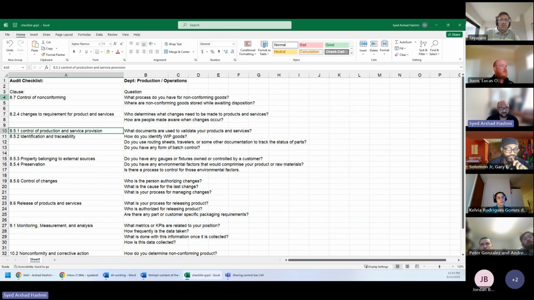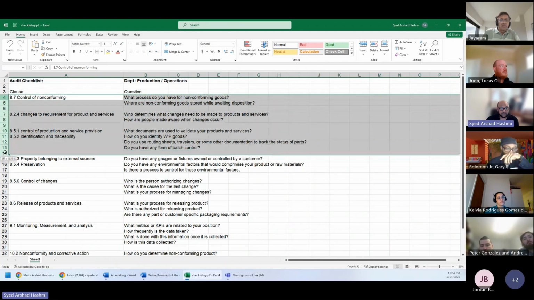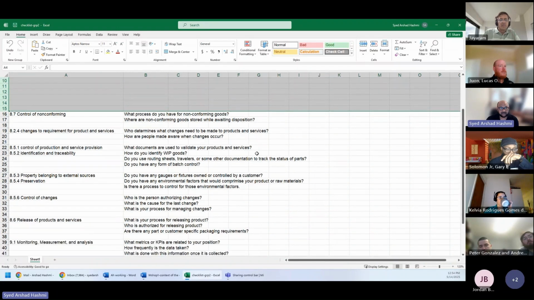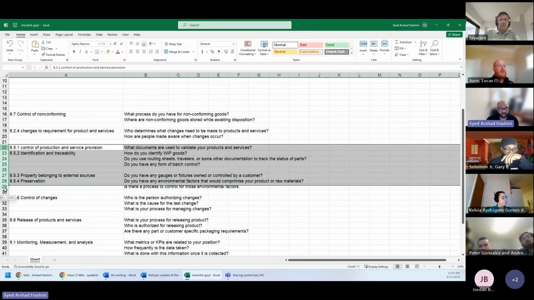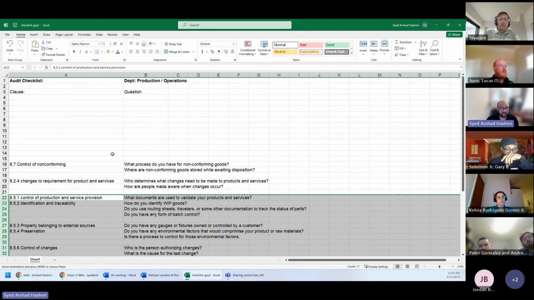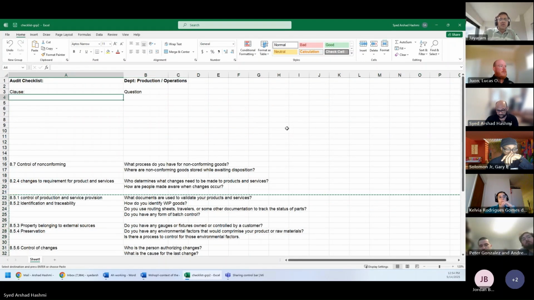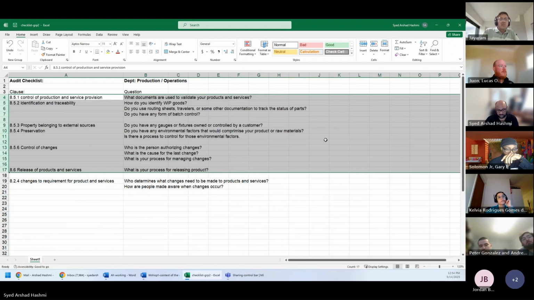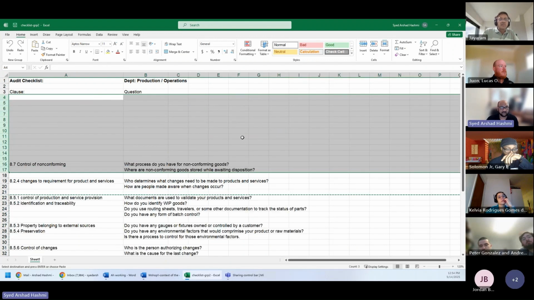So for you to start with, what you're going to do is write these clauses on the top, all of these, because this is my major production clause. I need to make a little more space to paste.